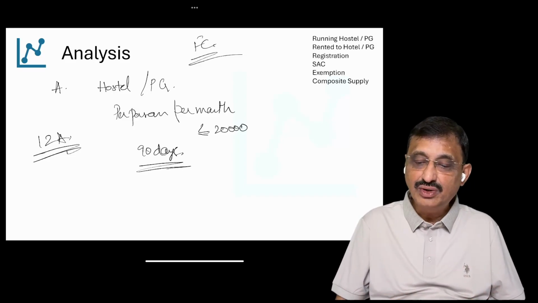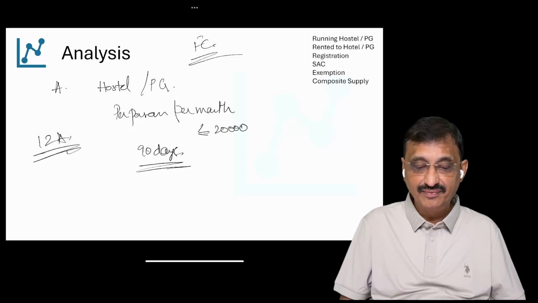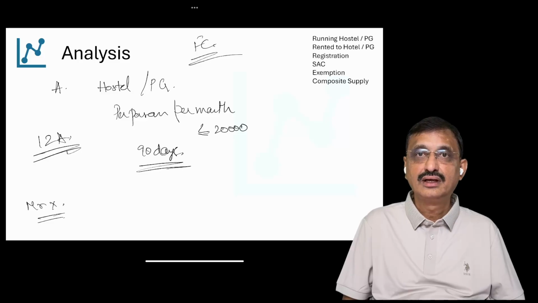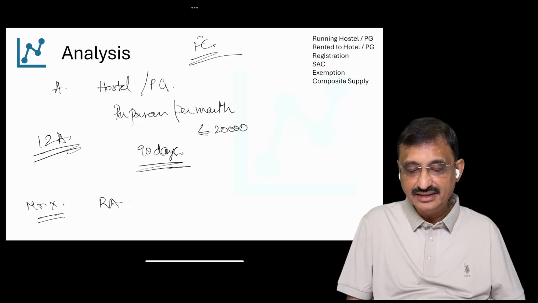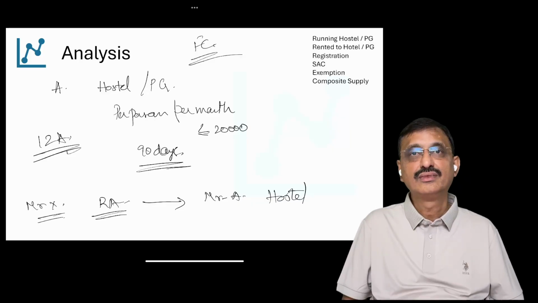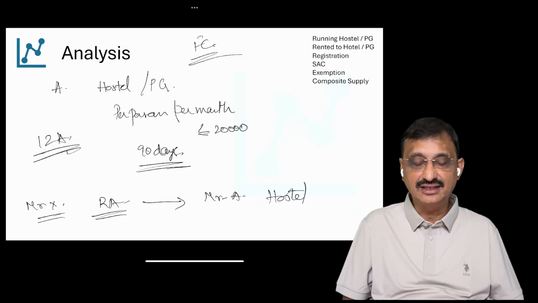Okay. Next, what will happen if Mr. X has a residential apartment? He gave it to Mr. A, who is running a hostel.